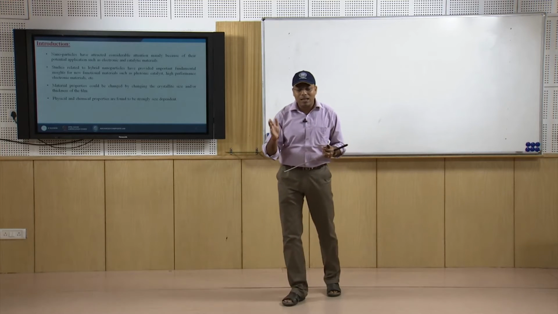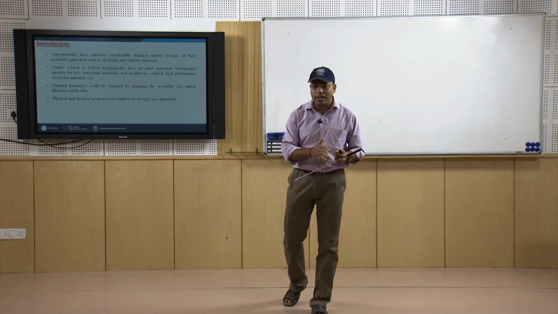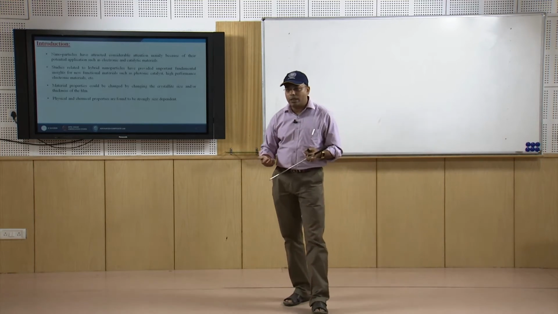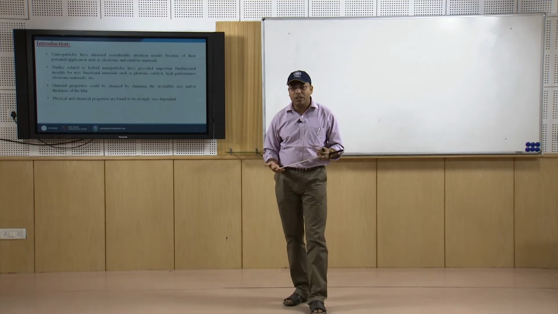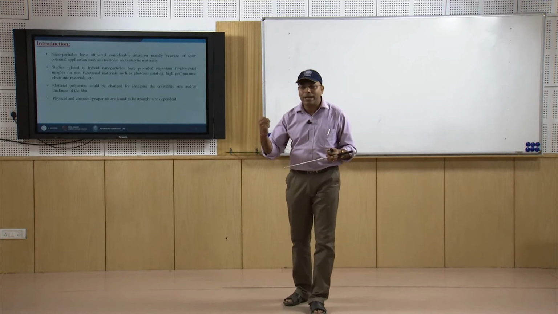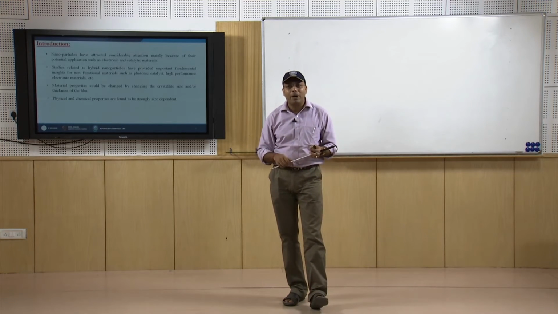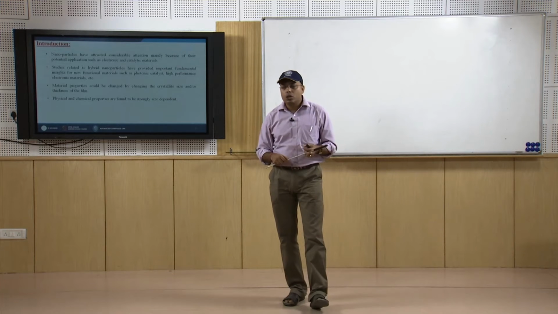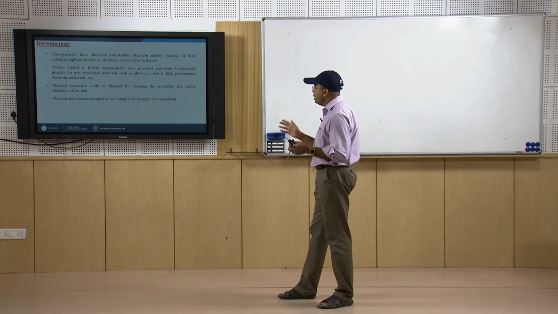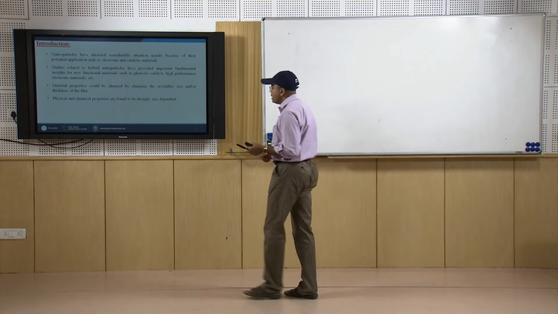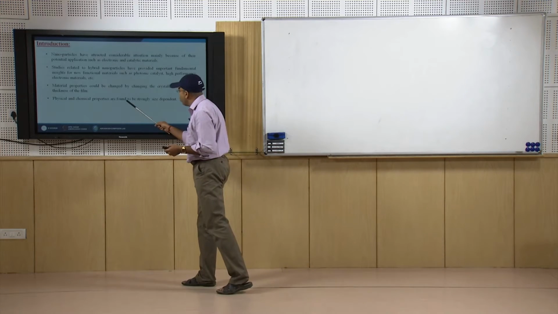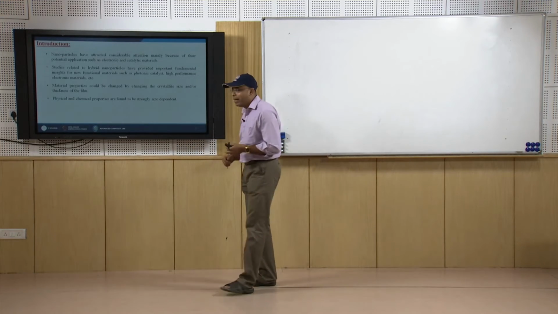In our last 2 or 3 lectures, I have discussed how the material properties change when we reduce the particle size of the nanofiller, or the thickness of the nanocomposites. Physical and chemical properties are found to be strongly size dependent.